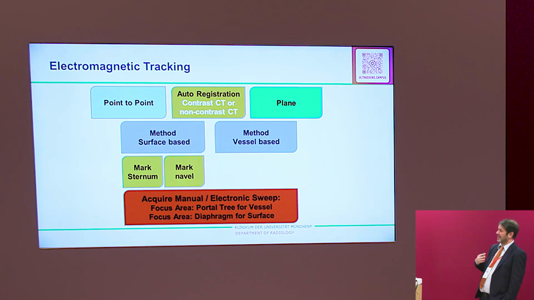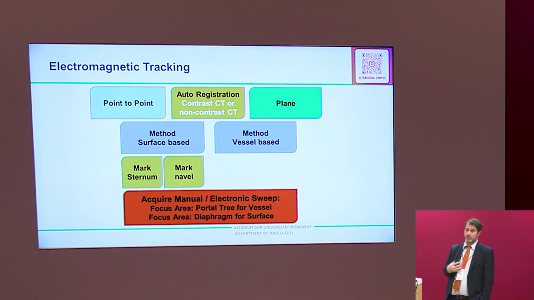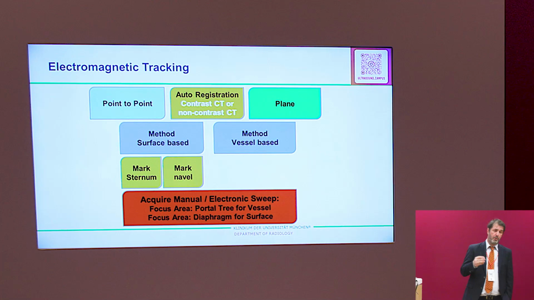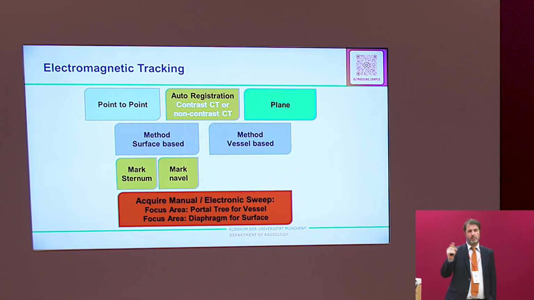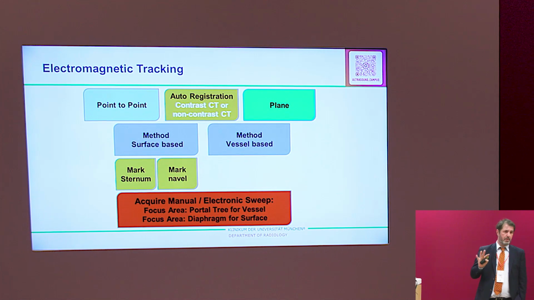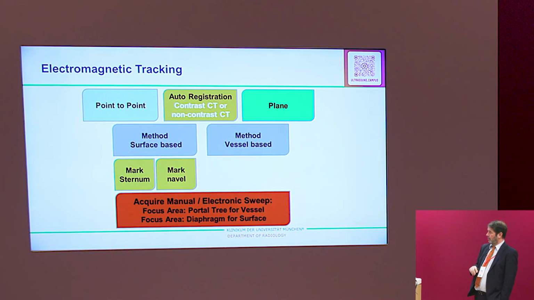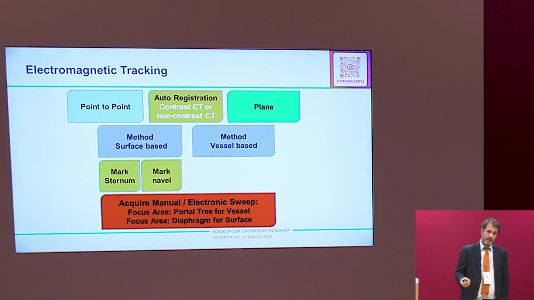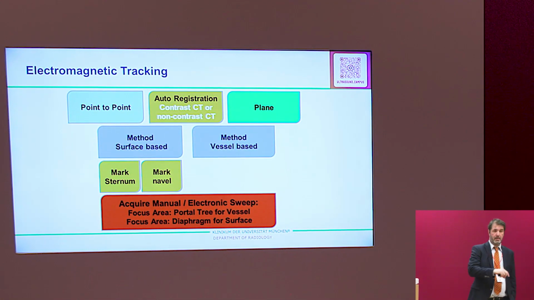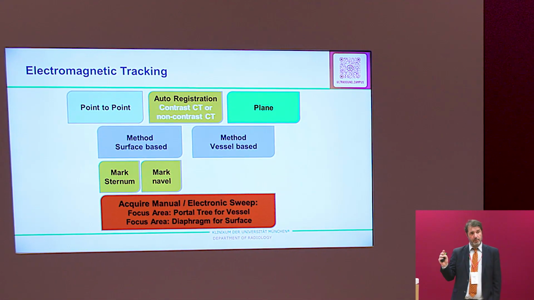There are a couple of options for how to do fusion. You can do point to point. You say this point in the CT is the same point in ultrasound, and you use a couple of points, and then the system does it automatically. Or you can do auto-registration, so the system automatically detects the landmarks in ultrasound and compares them to the landmarks in CT and does the fusion.